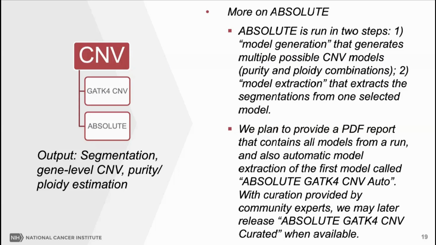It's jargon, and pretty long, but that's how we distinguish the input as GATK4 CNV, and the output as automatic extraction. Because it has GATK CNV in it, it hints maybe later we will build Absolute pipelines on top of some other CNV estimation pipelines. We currently don't have it. We only have this one pipeline, GATK CNV, as the input.